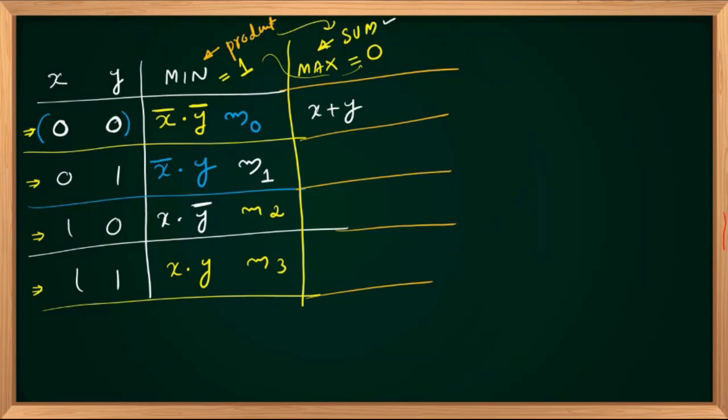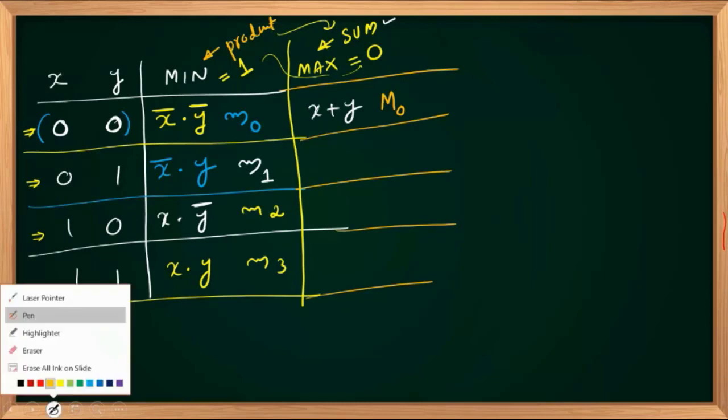The max term is represented by capital M with a subscript equal to the decimal equivalent of the combination, which is 0, so M0.